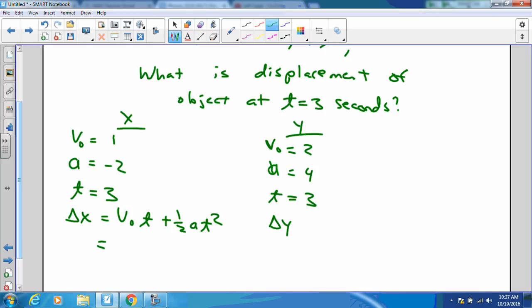So negative 9 over 2... 3 minus 4.5, negative 1.5. Over here, 6 times 3 plus half of 4 times 9, that is 18 plus 18, 36. Good. Just pushing that mental arithmetic on board.